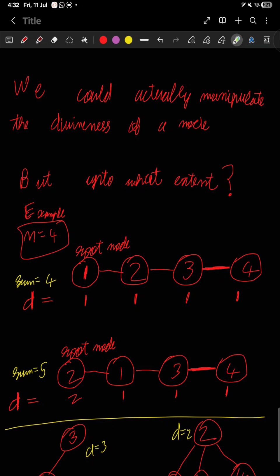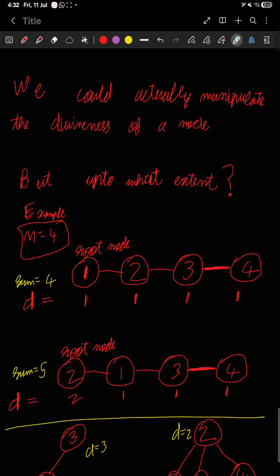If any number smaller than this, whether it is 2 or 1, is ahead of this, then the smallest value which is ahead of this would be the divineness of this node.